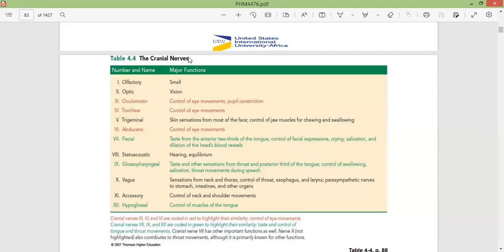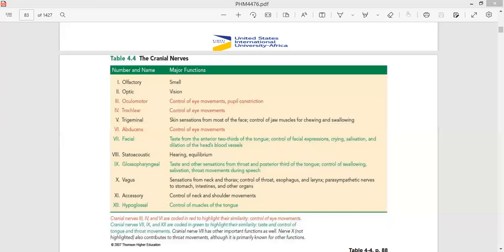Now, if we just look at the names: olfactory, smell; optic, vision; oculomotor controls eye movements and pupil constriction. Then abducens also controls eye movements, same with trochlear. Then trigeminal.